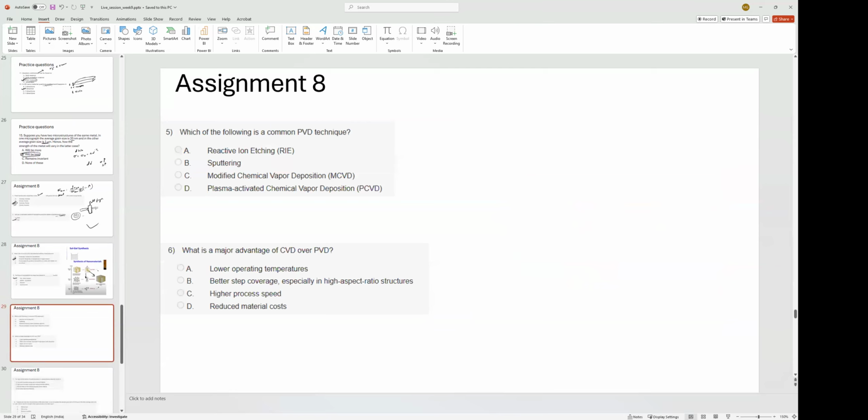Each of these is a common PVD method, physical vapor deposition.